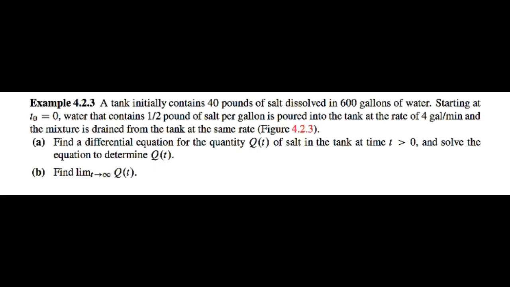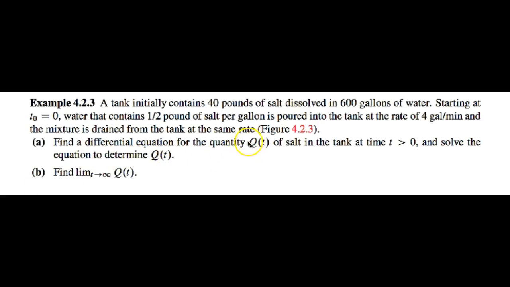Now let's consider the following scenario of a tank that has initially 40 pounds of salt dissolved in 600 gallons of water. At this point, let's pause the video and read this word problem.